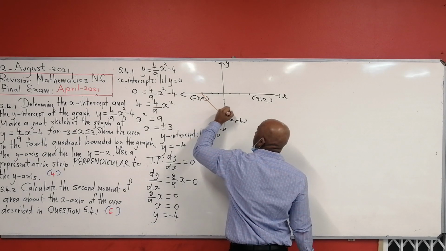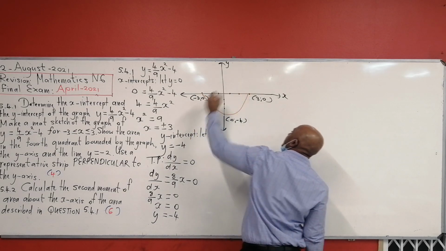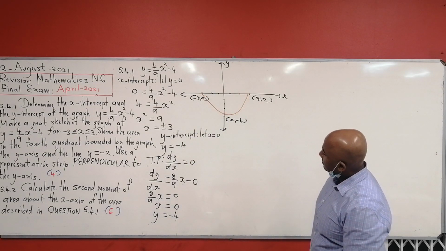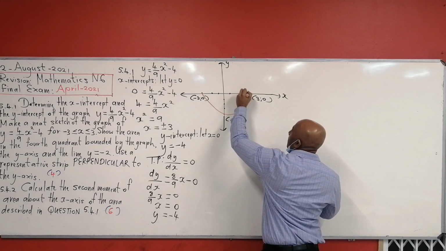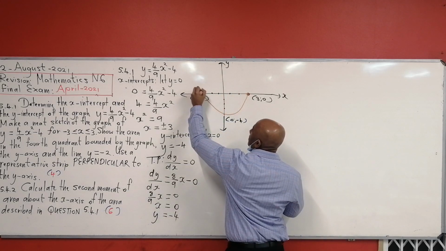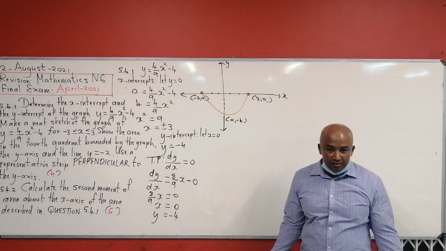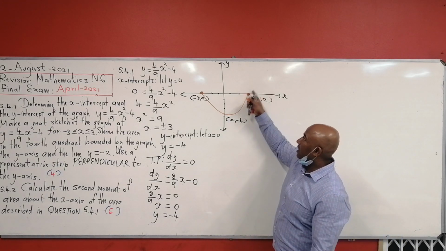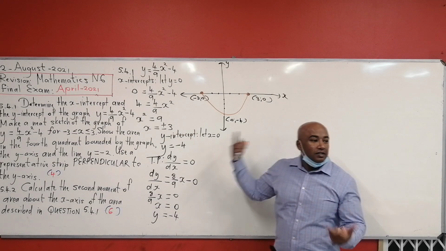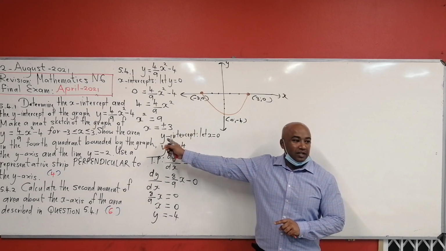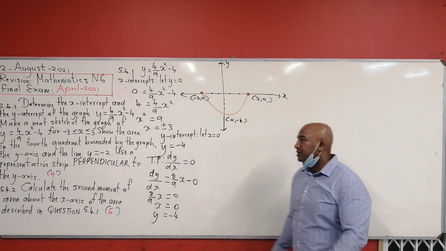But we're not required to sketch the entire graph. It's just this part here. So there's my 3, negative 3. We stop there. Right. Because anything to the right of 3 is not defined here. It's not required. You can see it.